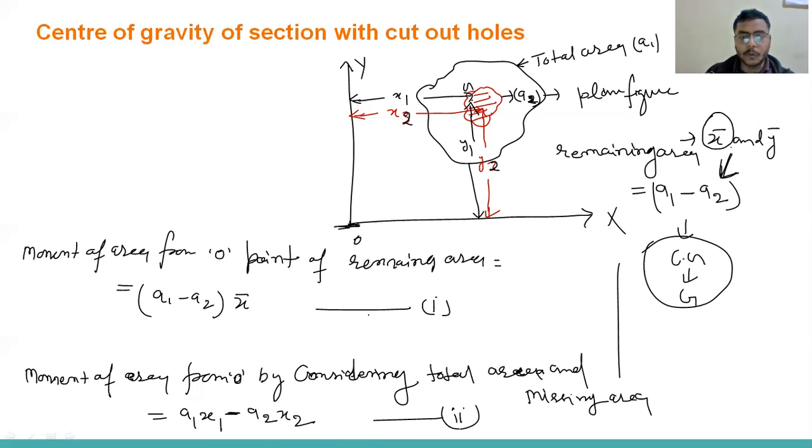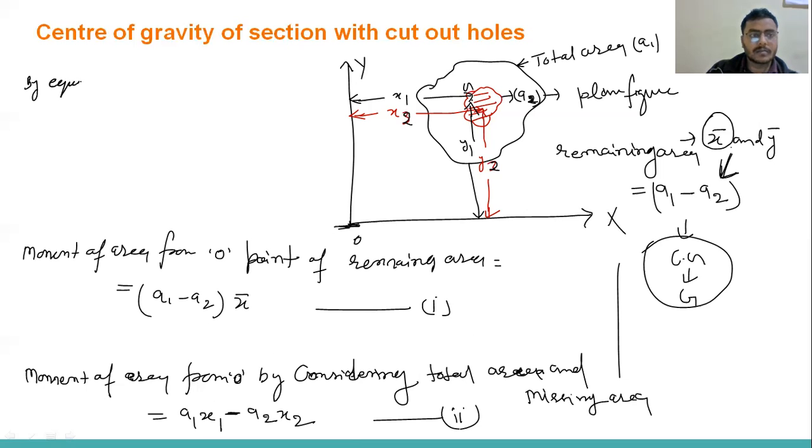Now, both equations 1 and 2 are talking about this remaining area. We have calculated the moment of area in the second equation for the remaining area, and in the first equation also we are talking about the moment of area for the remaining area. Are you getting it? So we can equate both equations.